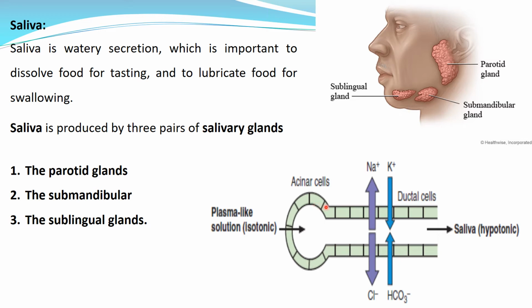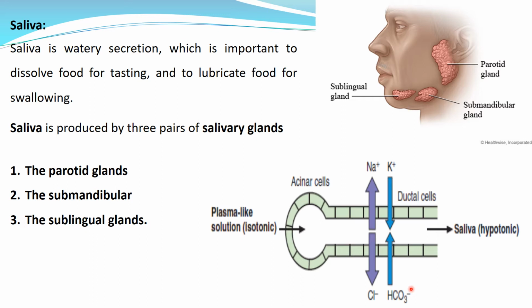When the saliva is passing through the ductal cells, the sodium and chloride can be absorbed into the circulatory system, while potassium and bicarbonate can be secreted into the saliva.